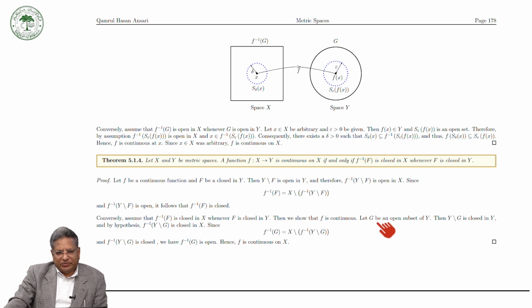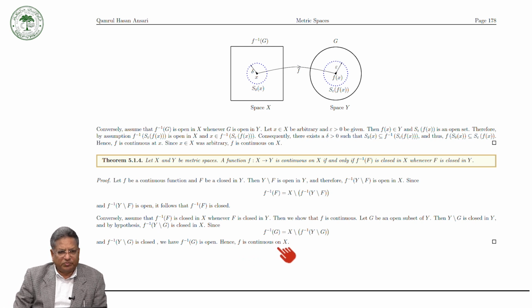So let G be an open set in Y, then the complement of G in Y is closed in Y, and by the hypothesis f inverse of the complement of G is closed in X. Since f inverse of G is equal to the complement of f inverse of the complement of G, and this set is closed, therefore this set is open, and hence f is continuous on X.